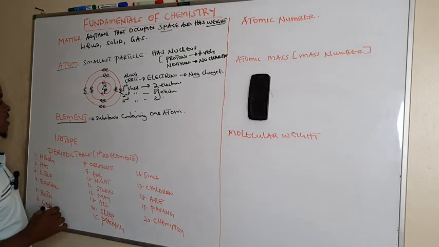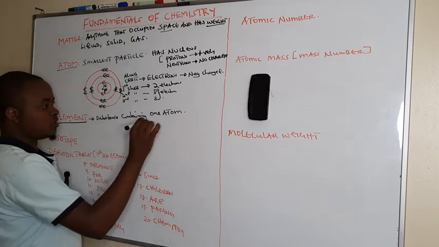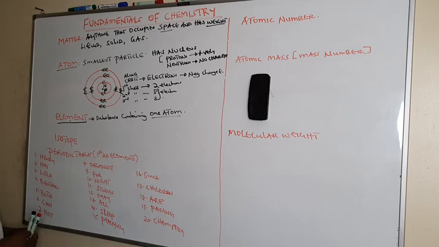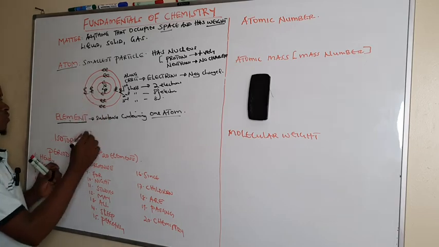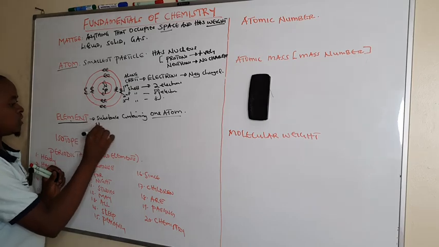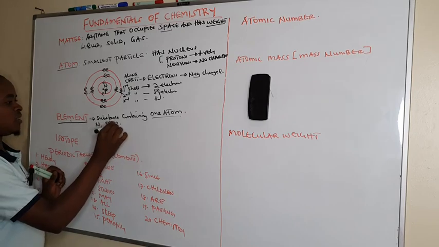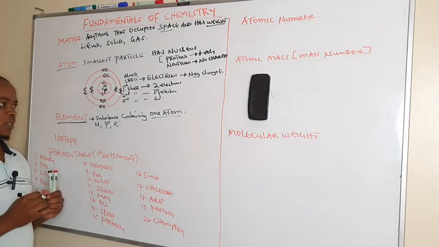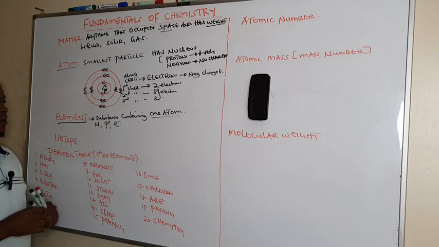That is what we call an element. So elements contain neutrons, protons, and electrons. Proton is positively charged, electron is negatively charged, and neutrons have no charge. So that is what we can call an element.